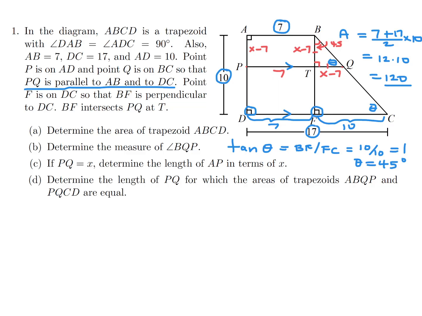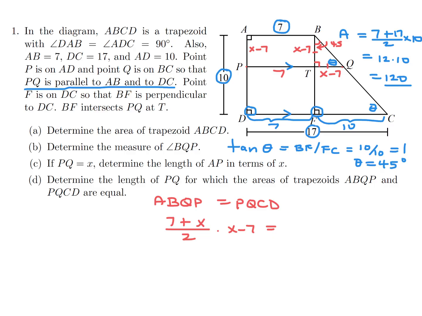Determine the length of PQ for which the areas of trapezoids ABQP and PQCD are equal. Okay, so ABQP is the same as PQCD. ABQP, so that would be 7 plus x over 2 times the height, which is x minus 7.